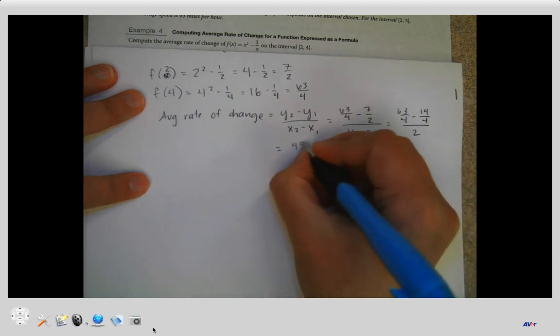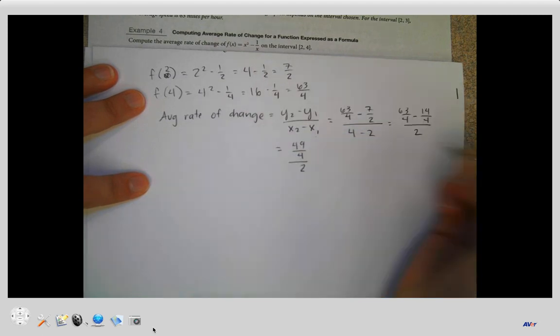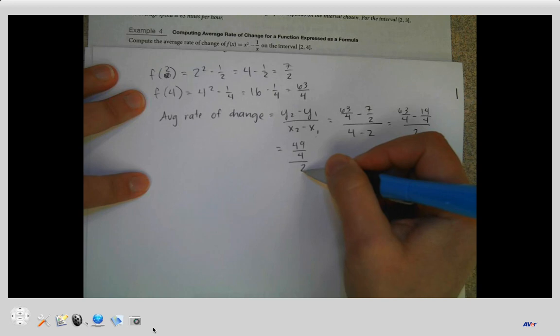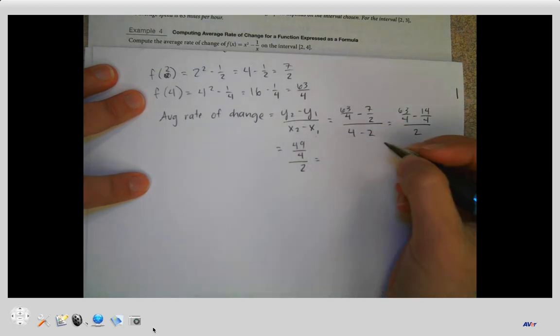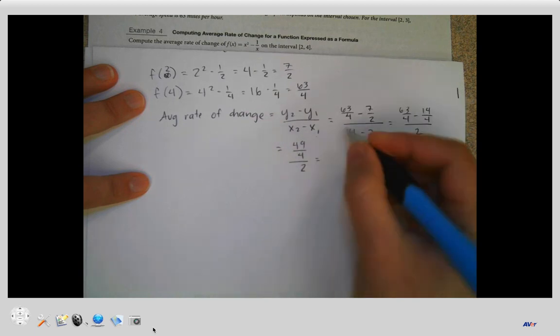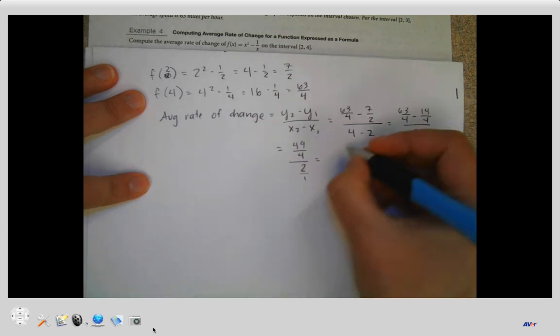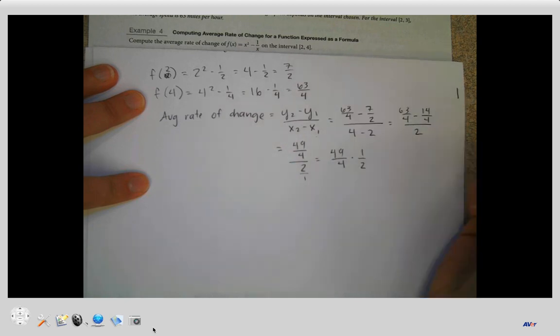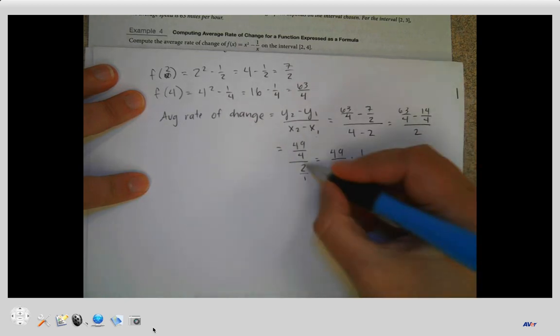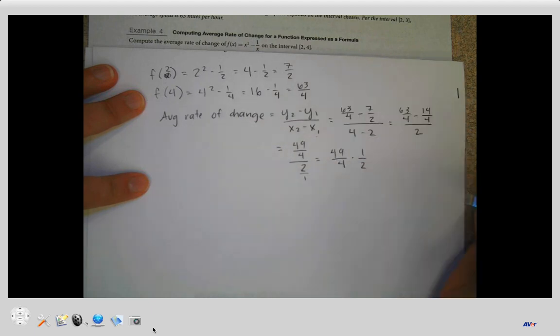49/4 divided by 2. How do I do this? I've got a fraction divided by 2. I can invert and multiply. One fraction divided by another, I could think of this as 2 over 1. So I could write this as 49/4 times 1 over 2. I inverted the denominator and multiplied.